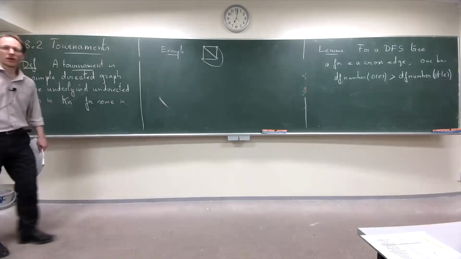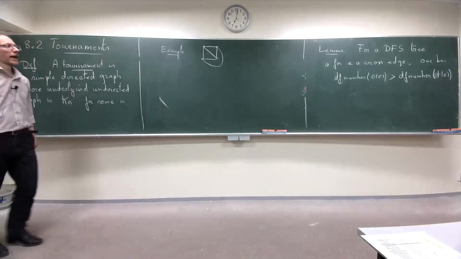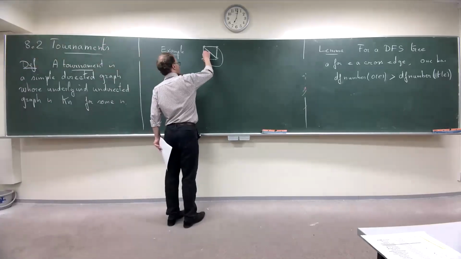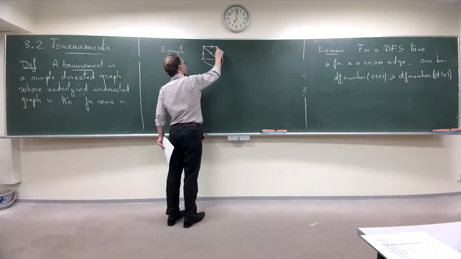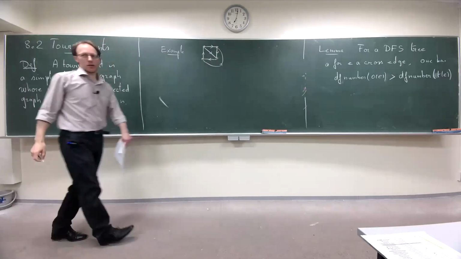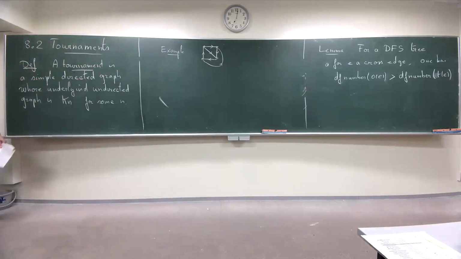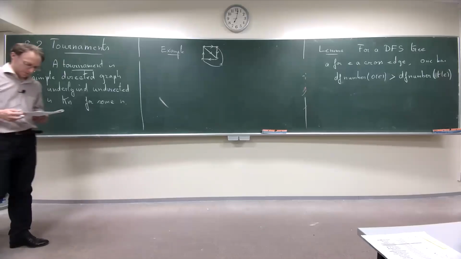This is a K4. And I put an orientation everywhere. This is a tournament. Forget the orientation, it's a complete graph, but you put an orientation everywhere.